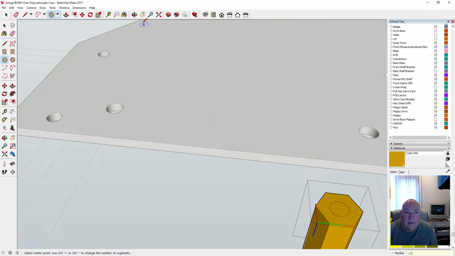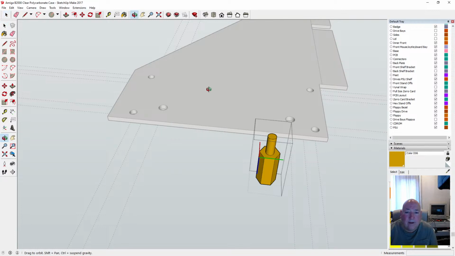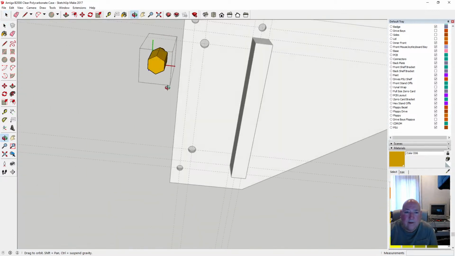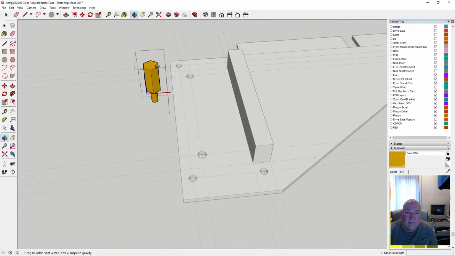1.25. And it needs to go up 6.1, I think I said it was. So we've got 1.6 for the PCB. It sticks out forward a bit. Yeah. Okay, so we've got that. Turn it round. Put the hole in.